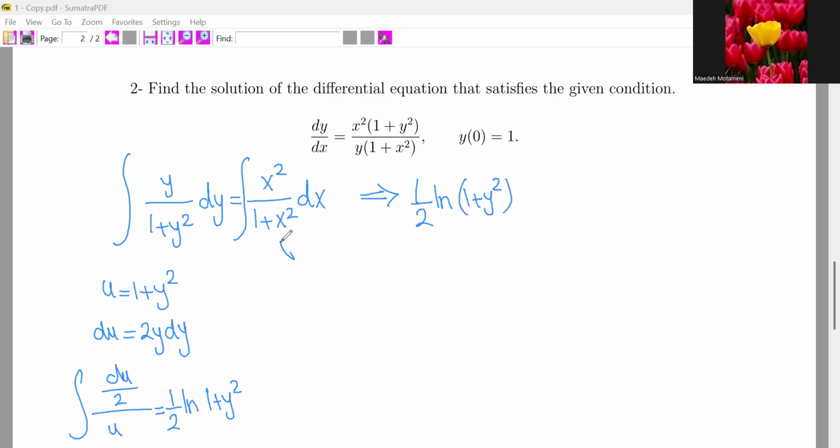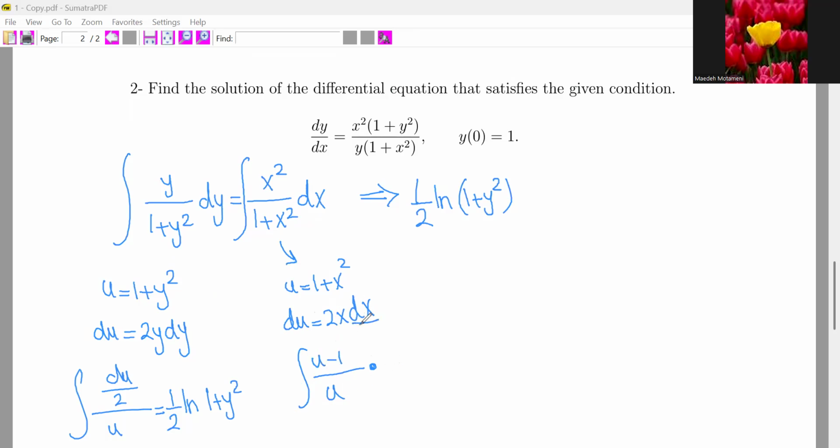But for the right side, u equals 1 plus x squared doesn't work. You know why? Because when you say du equals 2x dx and you replace here, x squared can be written as u minus 1.